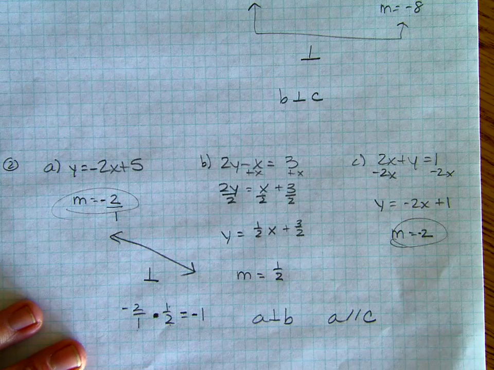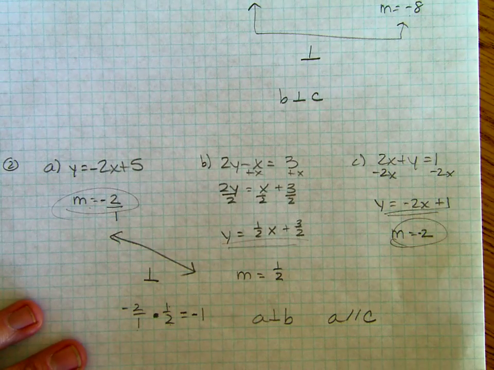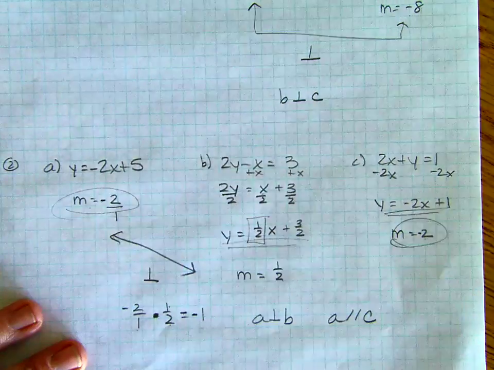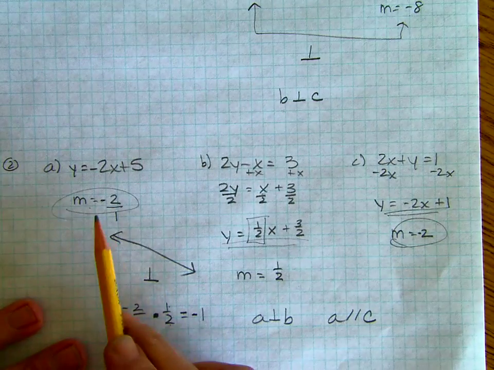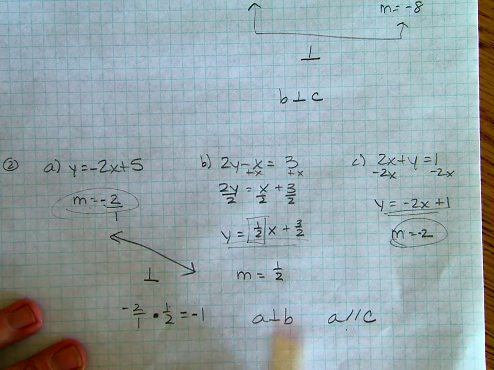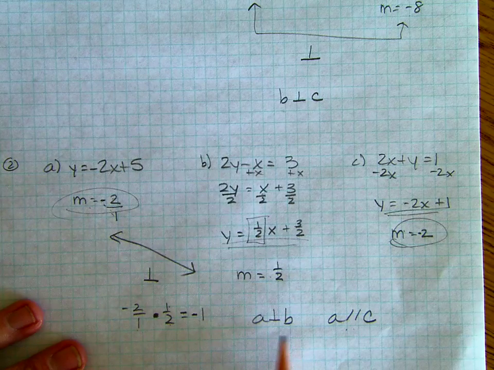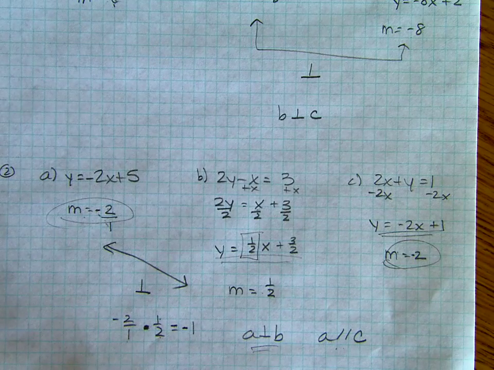Line A is perpendicular to B, and line A is also parallel to another line. So when you're trying to determine whether lines are parallel or perpendicular, put them in slope-intercept form and just compare the slopes. Are they equal? They're parallel.